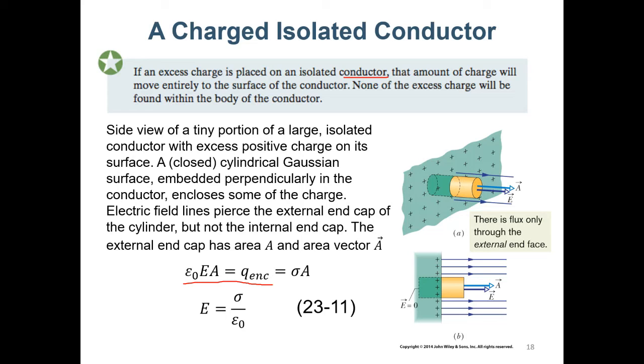So E dot dA is nothing but E times dA, and E is a constant. So the integration turns out to be just the multiplication between E and the area A.